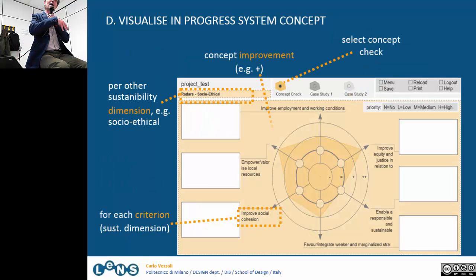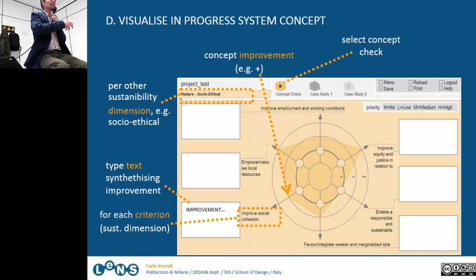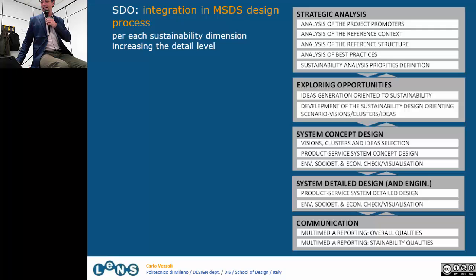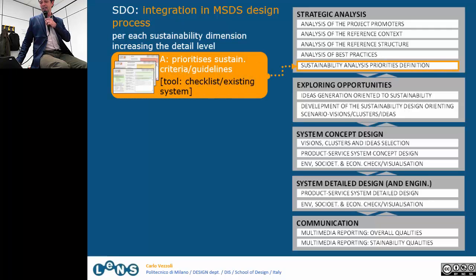Well, as we have the mechanism for doing this for the environmental dimension, it's just the same for the socio-ethical dimension. So we have a radar, and we have priorities, and we have improvement, and so on. We integrate this in the strategic analysis when we analyze the system and define priority.